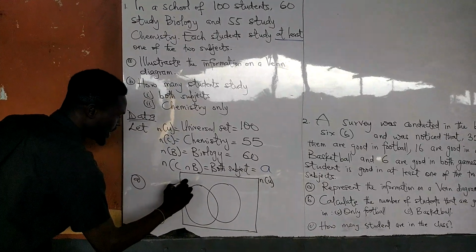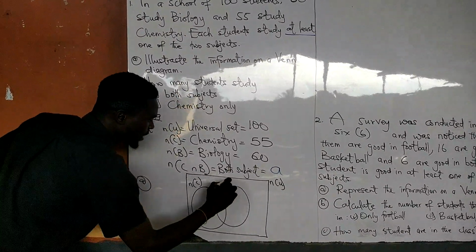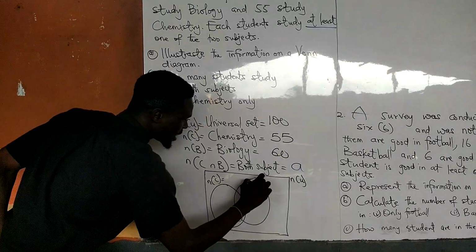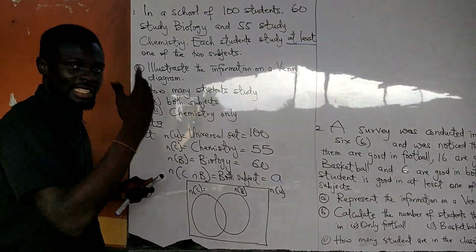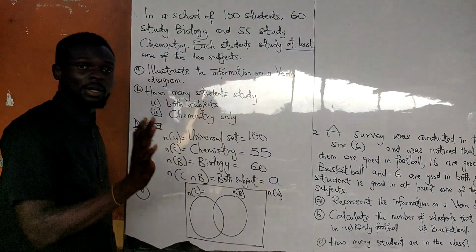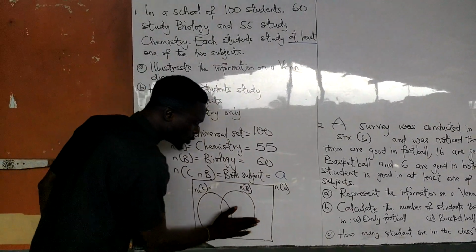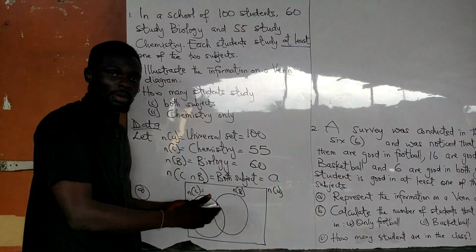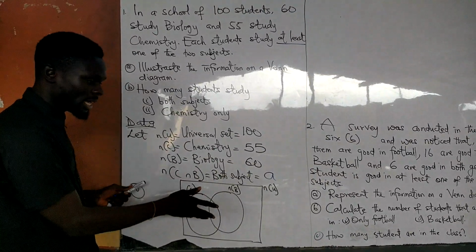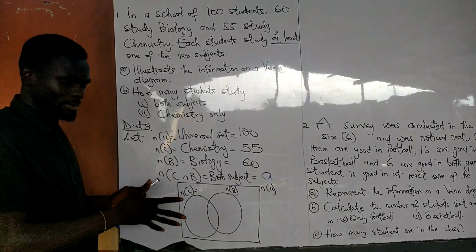The first circle here, let's say, is chemistry. And the second one is biology. Since "at least" is telling us that we don't have a complement, there's no need for us to create data for the complement. We just leave it like this and draw the Venn diagram.